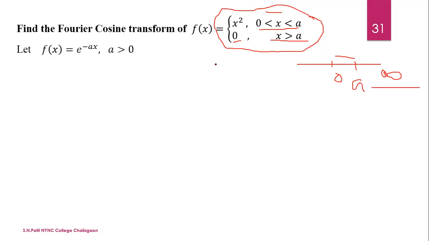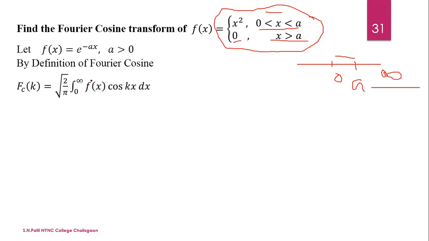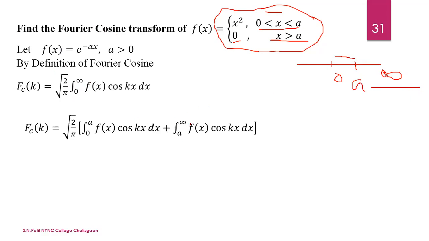See here, we have the function f of x by the definition of Fourier cosine transform. Now we divide this integral into these two parts, 0 to a and a to infinity. For 0 to a, the value of the function is x square, and for a to infinity, the value of f of x is 0.